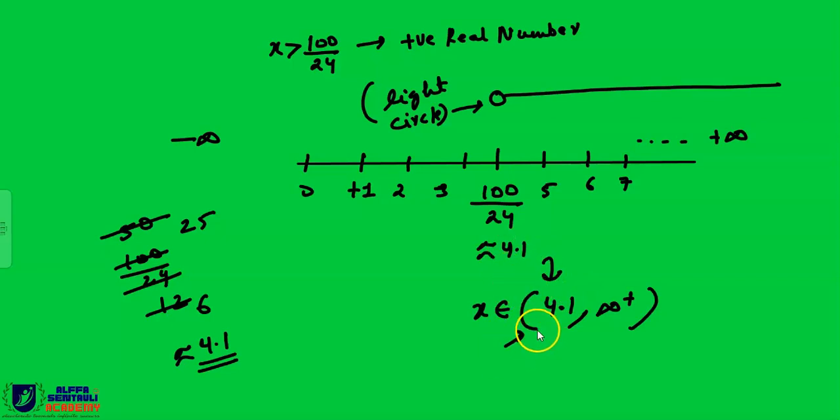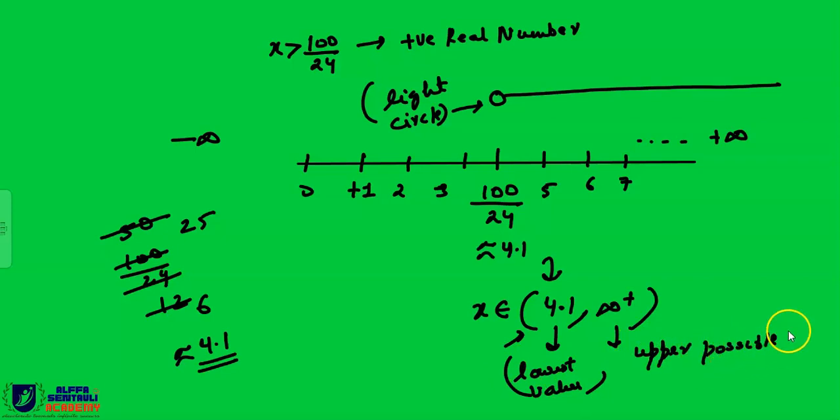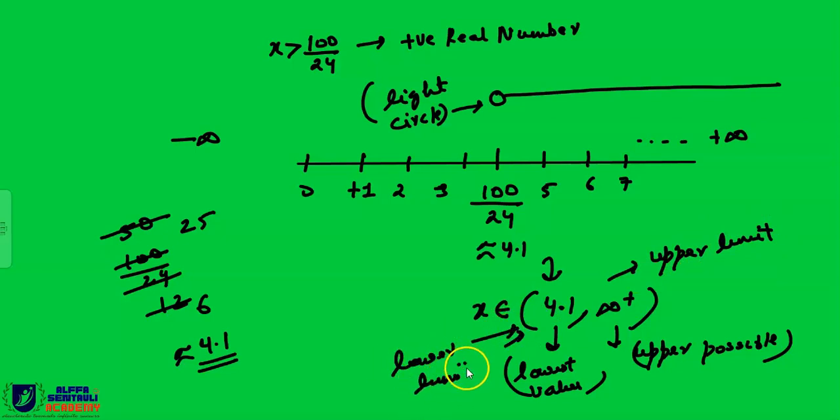Open interval means excluding this lowest possible value and this upper possible value. Sometimes we call these limits also: this number is the upper limit and this number is the lower limit, correct? Understood? So far so good. So this is the concept of open interval.